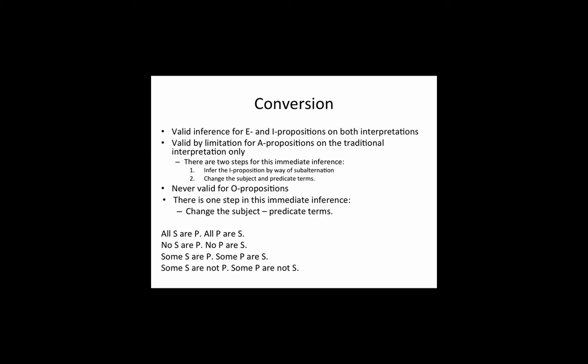Some S are not P is converted to some P are not S, but the inference is not valid. That's because some P are not S is not equivalent to some S are not P. If I say that some smartphones are not Androids, I am not saying the same thing when I say some Androids are not smartphones.